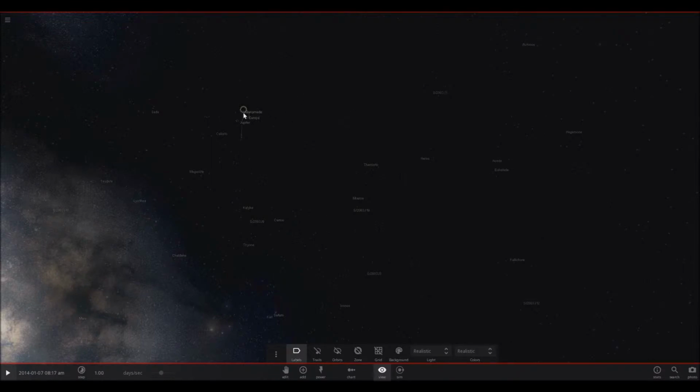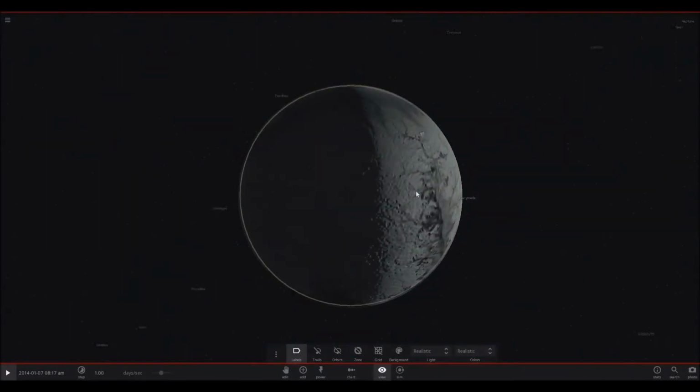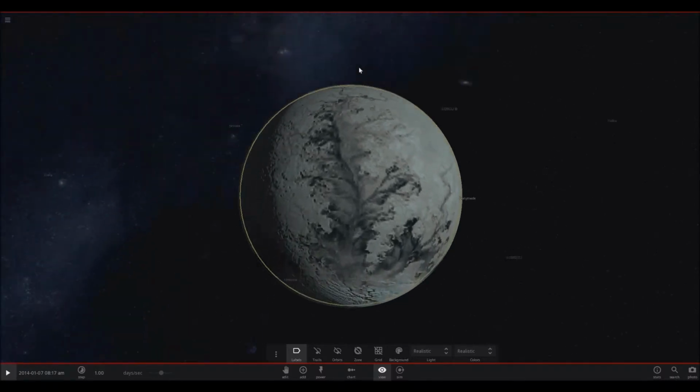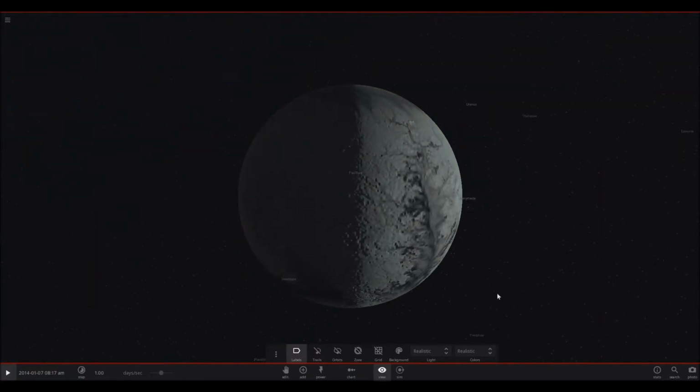There's one, Ganymede. If we zoom in there, we know a fair bit about Ganymede. This is another good thing that the Universe Sandbox is great for, being able to have a really good look and take your time exploring the universe. So that's Jupiter with its 67 moons.